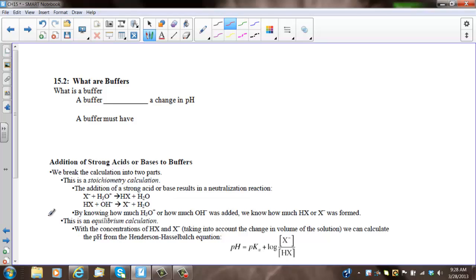So what is a buffer? A buffer resists a change in pH. So what must a buffer have? A buffer must have a couple of things. 1, a weak acid, and 2, significant quantities of its partner.